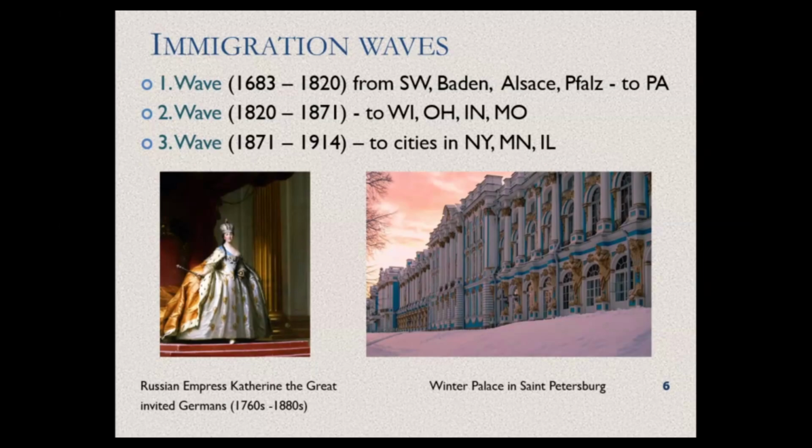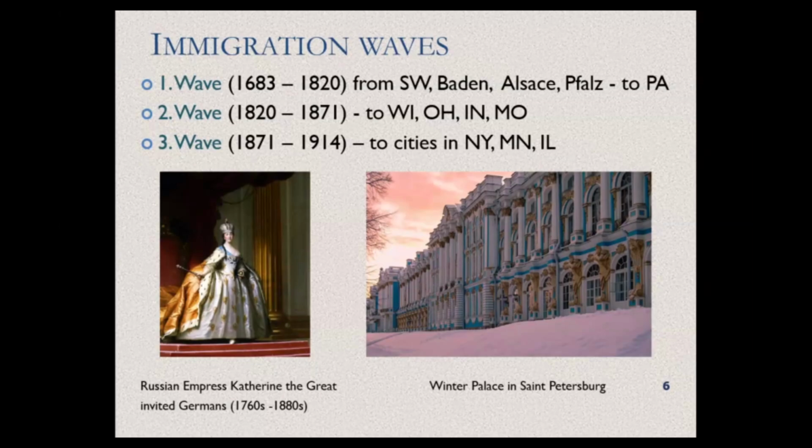and she became the Russian Empress Catherine, or Yekaterina II, Catherine the Great. And so she invited Germans, because she was of German ancestry, to settle on the vast lands.